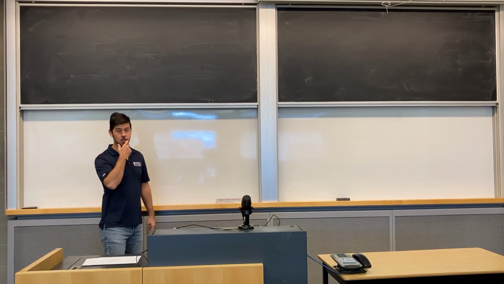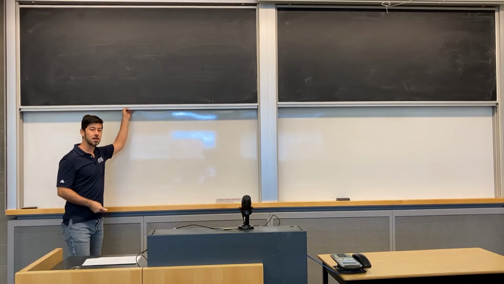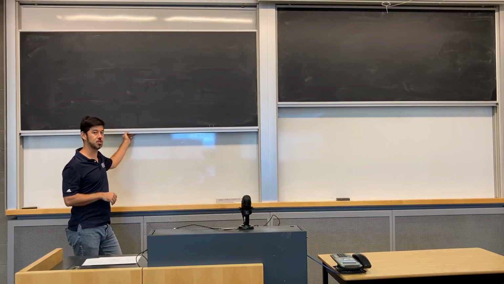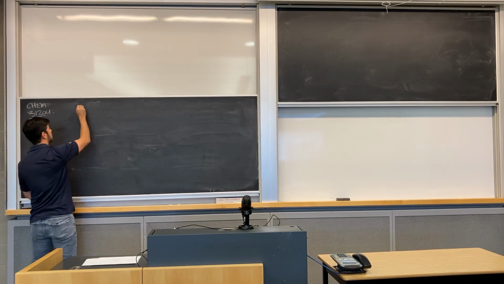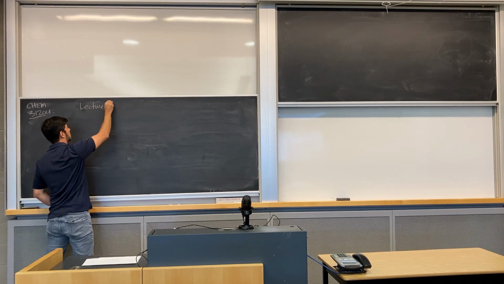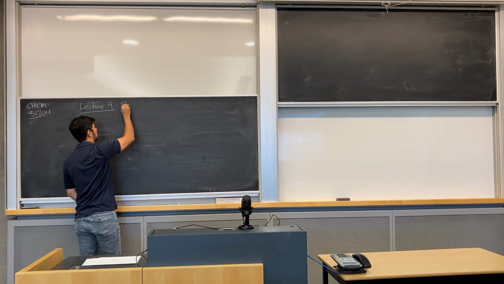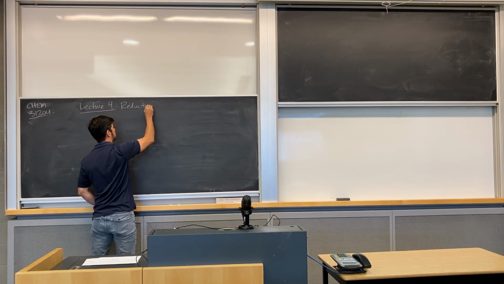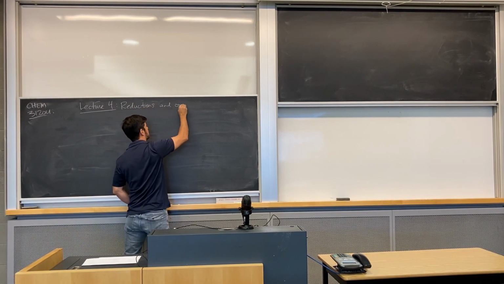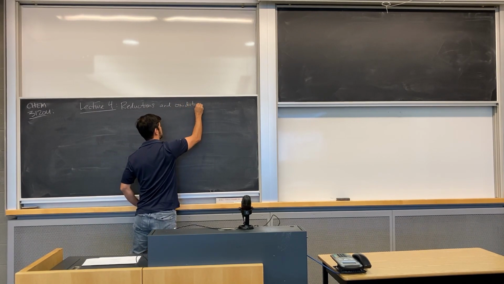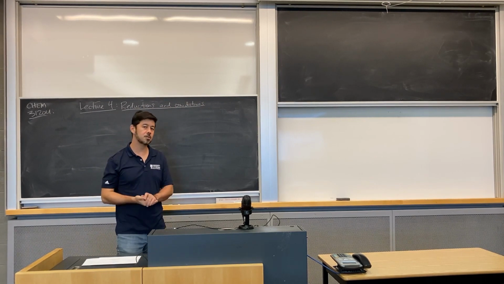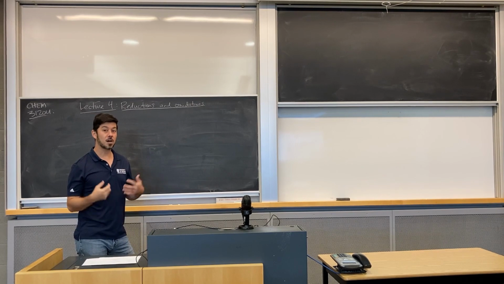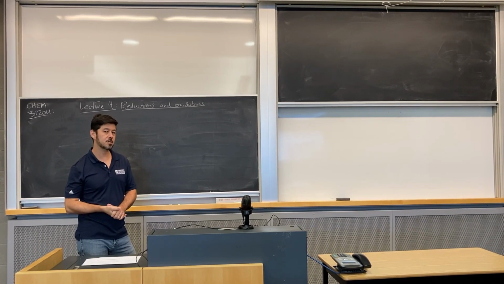Today's lecture 4, and today we're going to be focusing our time on reductions and oxidations. Reduction and oxidation reactions are some of the most common types of organic transformations.